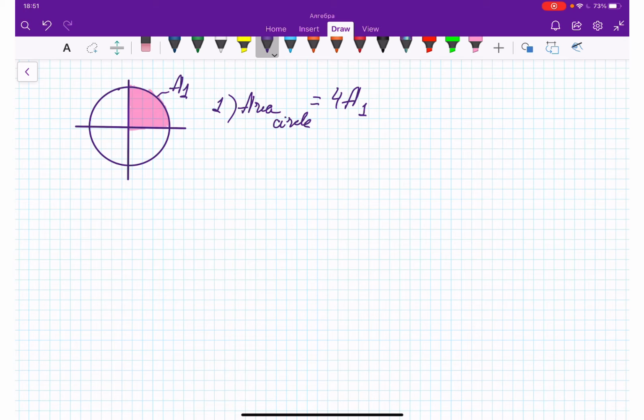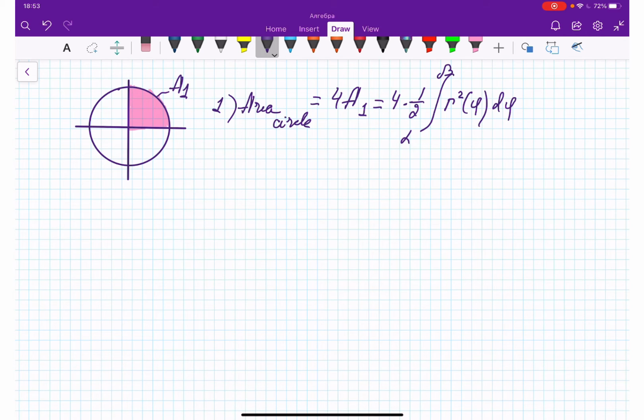Now the formula for the area of this sector is going to be equal to 1/2 integral from alpha to beta of r squared of phi d phi.